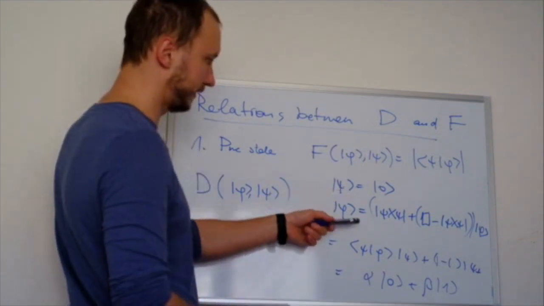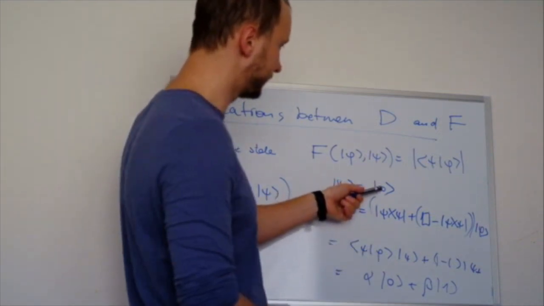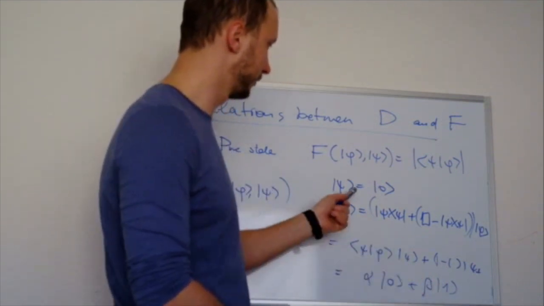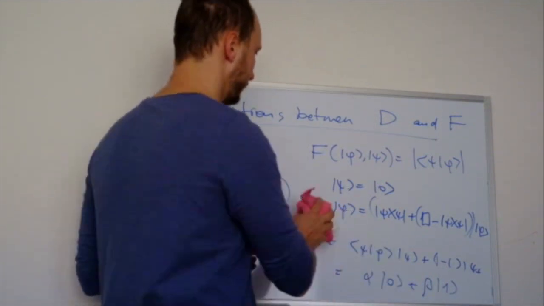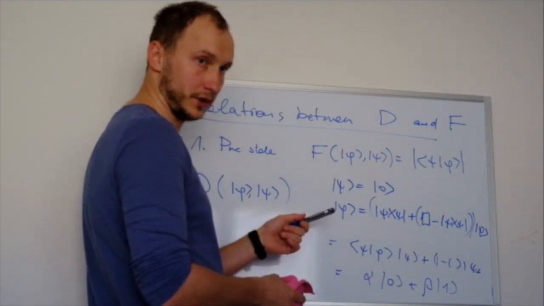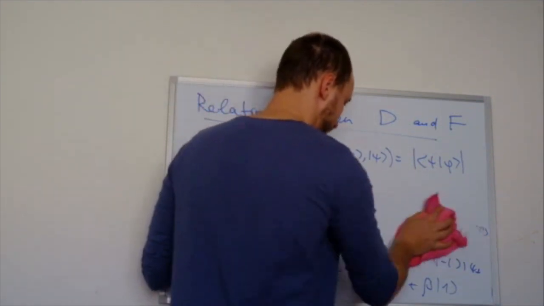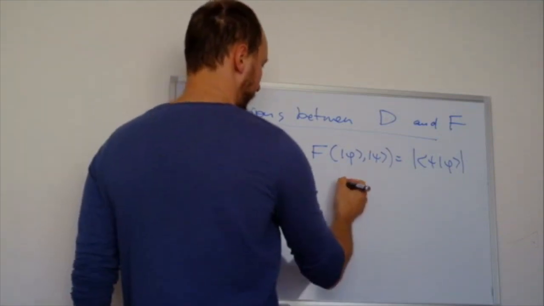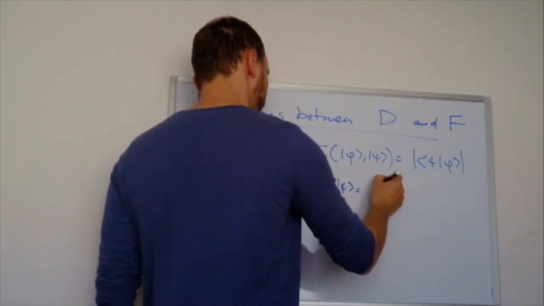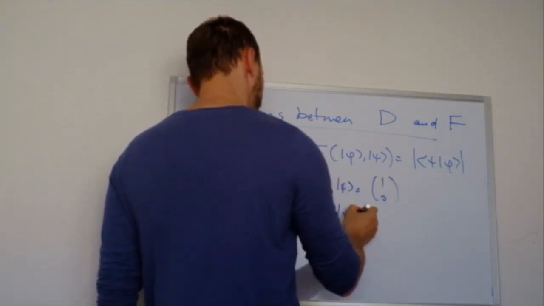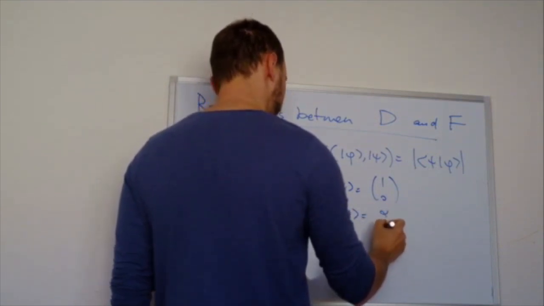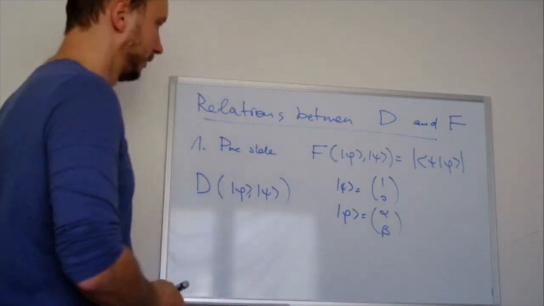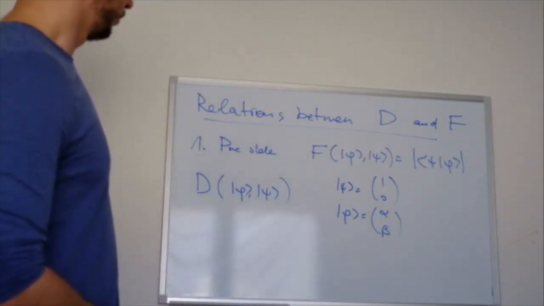So if you define a basis like this, where 0 is defined by psi and 1 is defined by the orthogonal part to psi of phi, then we can write these vectors in a vector representation. So psi is just equal to (1, 0), right? And phi is equal to (alpha, beta), where it's also normalized, of course.